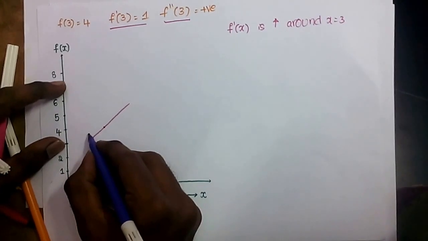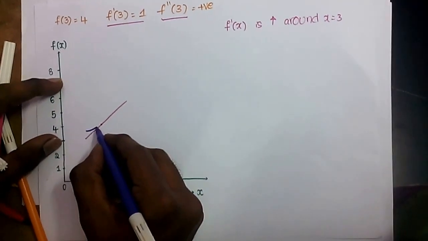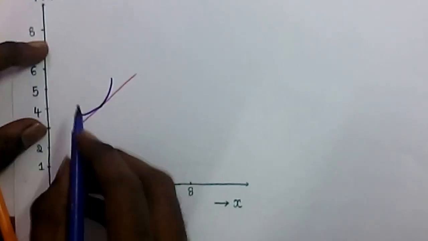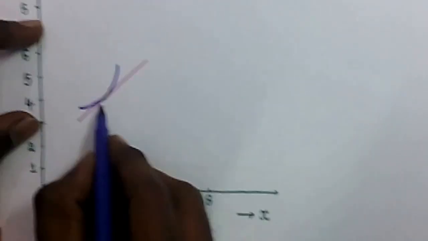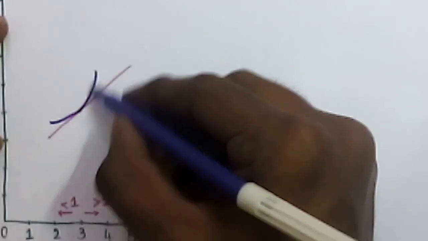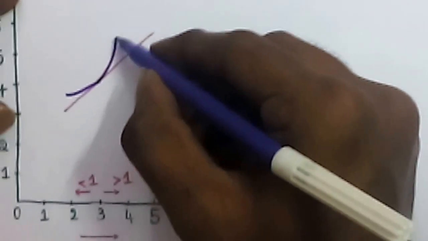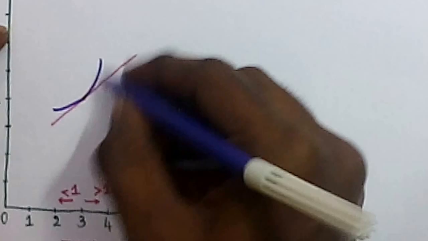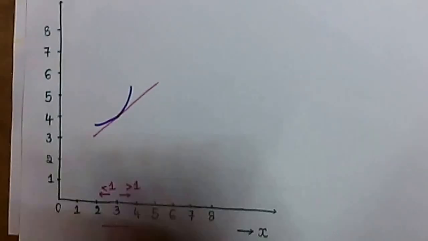Say it's flat here, it's having the slope of the tangent 1, it's becoming more and more steep. If you consider a point here, the slope of the tangent is less than 1. If you consider a point here, the slope of the tangent is more than 1. So this is going to be the shape of f of x, right?